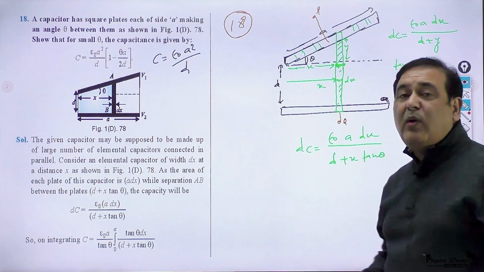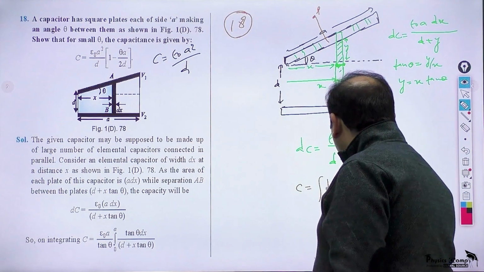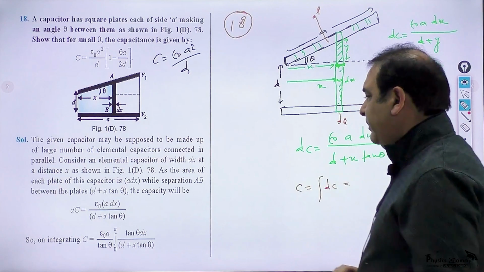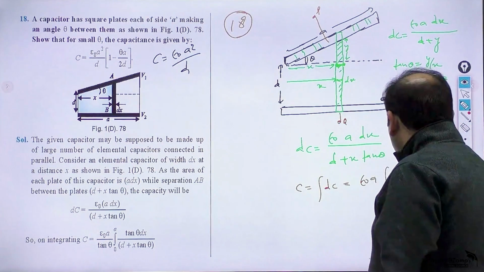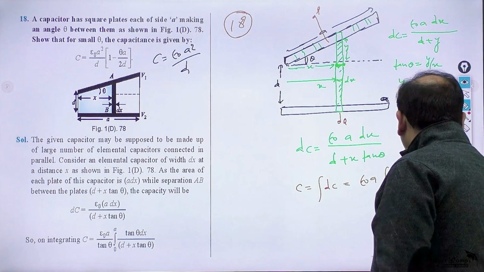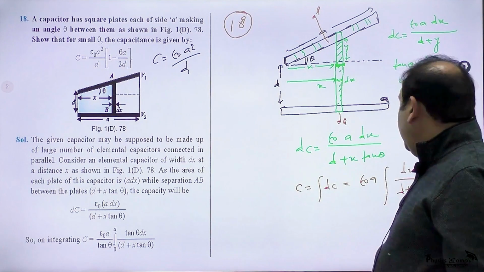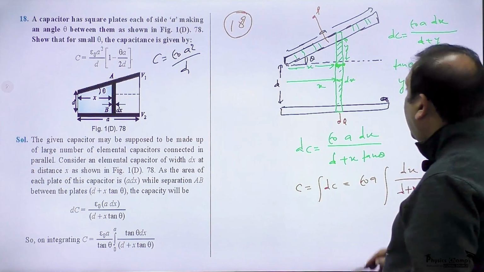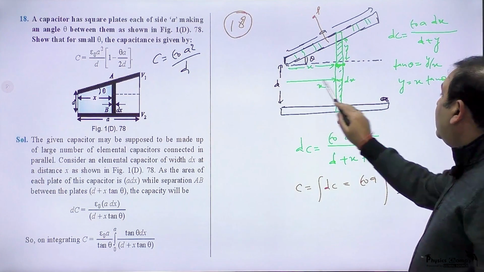Answer: they are all in parallel. So for getting the complete capacitance, I should just integrate it: epsilon naught a dx by d plus x tangent theta, and limits of x are from 0 to a.